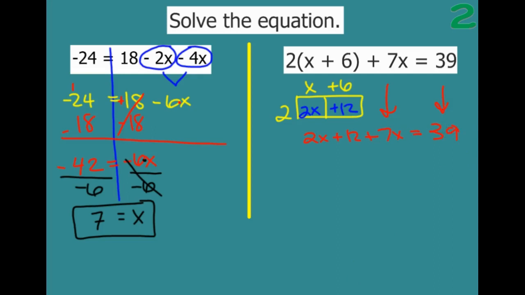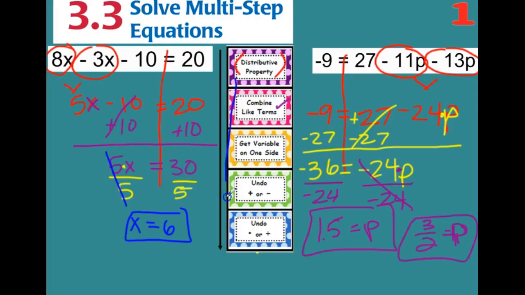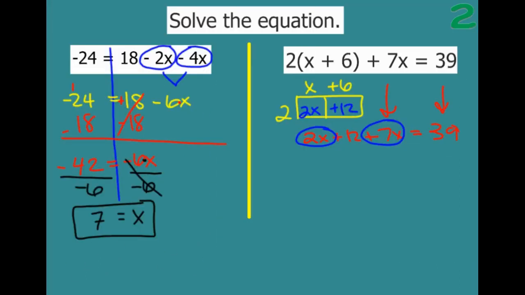So now we can combine our like terms. I have a 2x and a 7x. Again, all I'm doing is following this list, going down it. 2 plus 7 is going to give me 9x, and then write the rest. Get rid of addition or subtraction. I see a plus 12, so I'm going to subtract it.